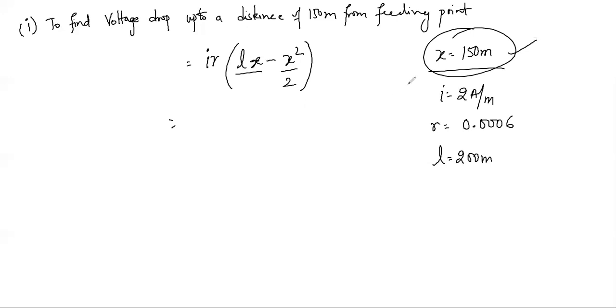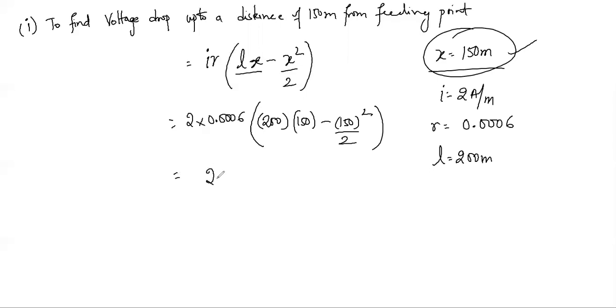Substituting everything: 2 into 0.0006 into (200 into 150 minus 150 squared) divided by 2. After doing all the calculations, the desired voltage drop is 22.5 volts. This is the total voltage drop up to the point 150 meter from the feeding point A.